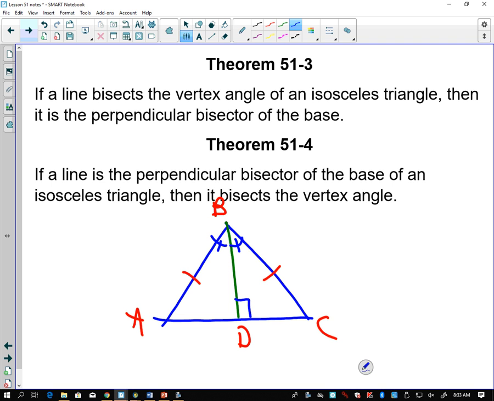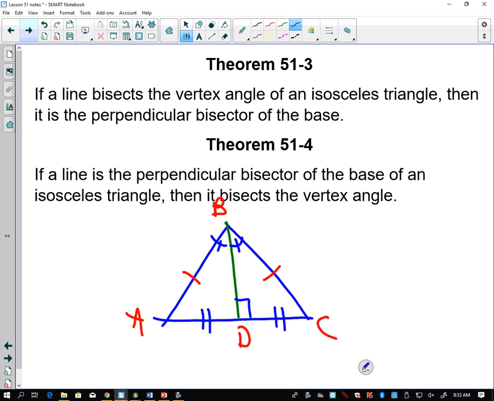What else? Not only are they perpendicular, but what does BD do to AC? It bisects it. So it does what to it? Divides it into two equal parts. So what do I know about AD and DC?